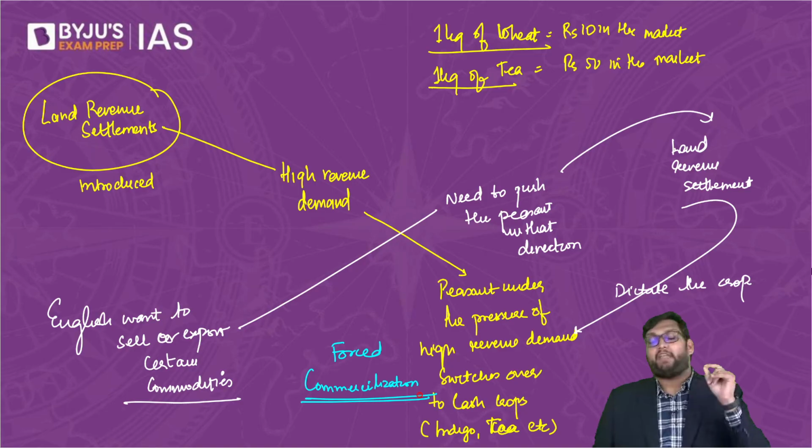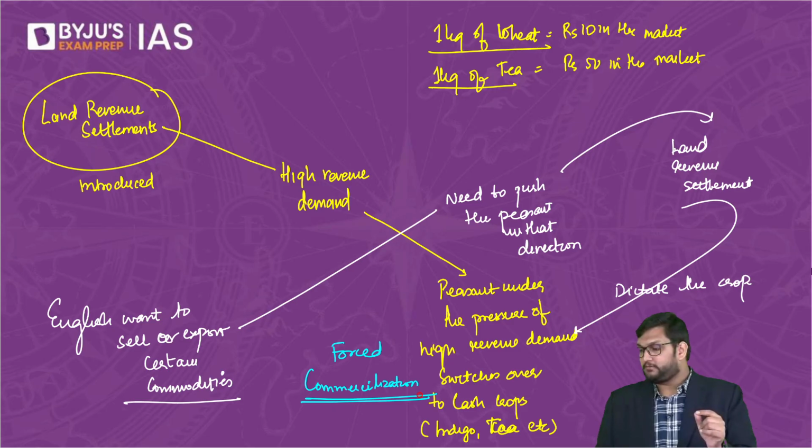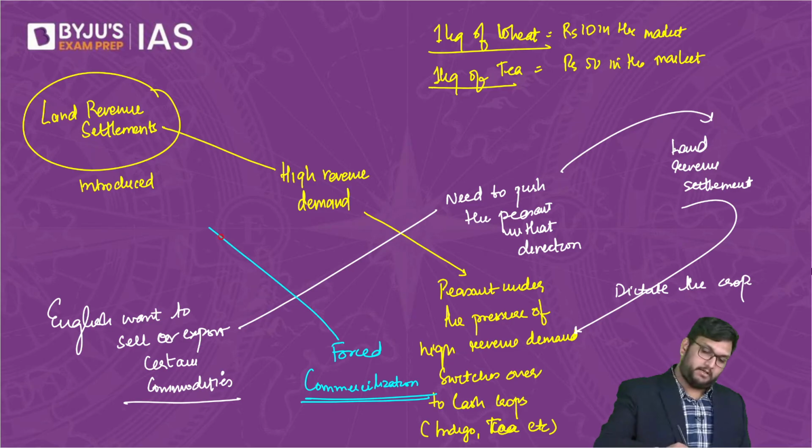Tell me, if everybody is going to shift from grain to cash crop, what is going to happen? There will be shortage of grain. And when there will be shortage of grain, it will lead to famines.